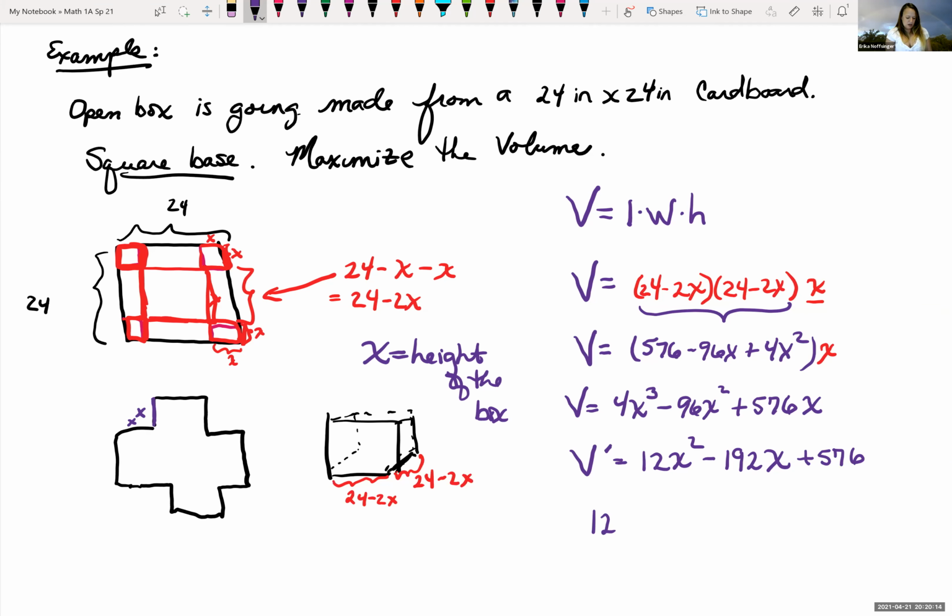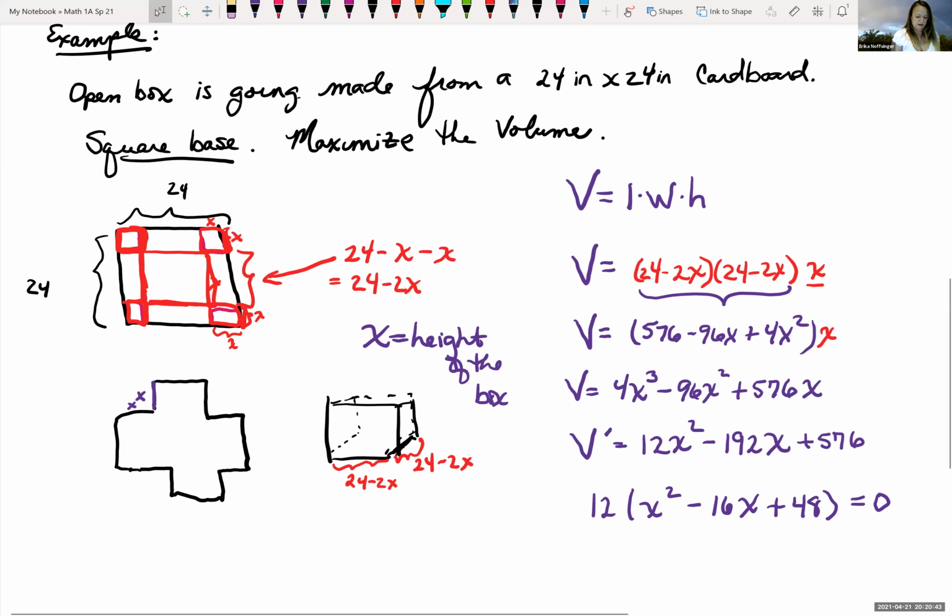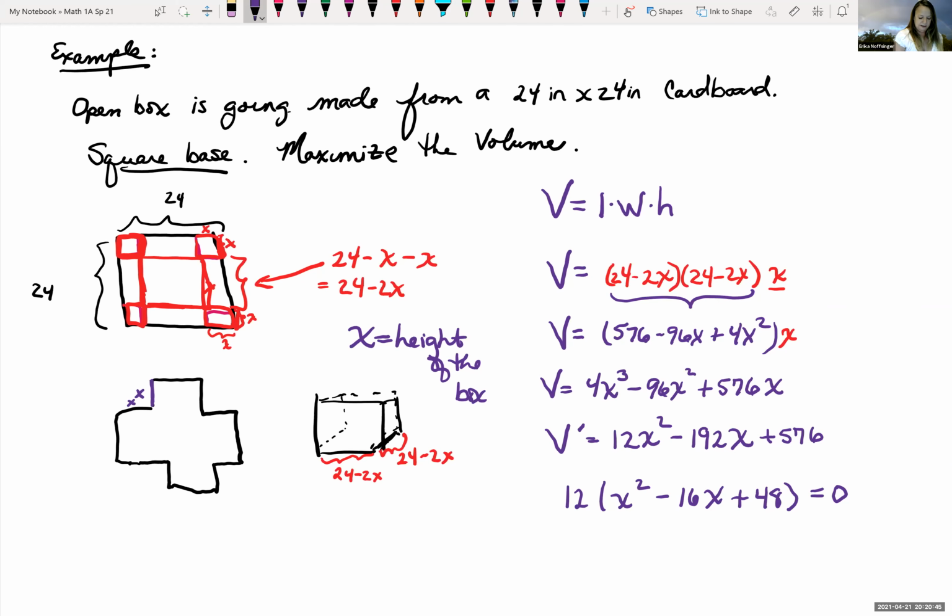So let's see if 12 goes into all those. So let's factor out a 12 while we're doing this. So we have x squared minus 16x, since 12 goes into 192 16 times, and 576 divided by 12 gives us 48, plus 48 equals 0. So let's see if we can factor that.